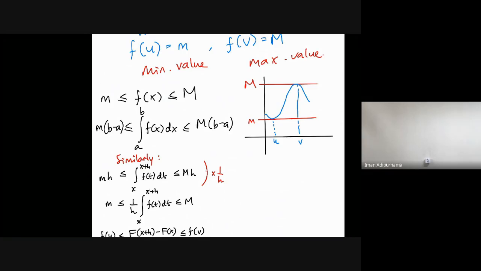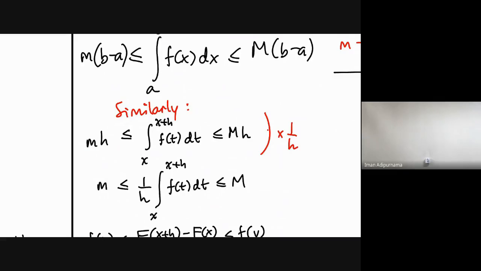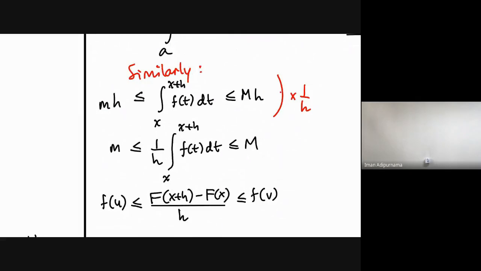And divide all by h, so multiply by 1 over h. We get the minimum value is less than or equal to 1 over h times the integral from x to x plus h of f(t) dt, which is less than or equal to the big M. Our m and big M, as we mentioned before, are the max and min values of our function f. And we put back our functions of u and functions of v.